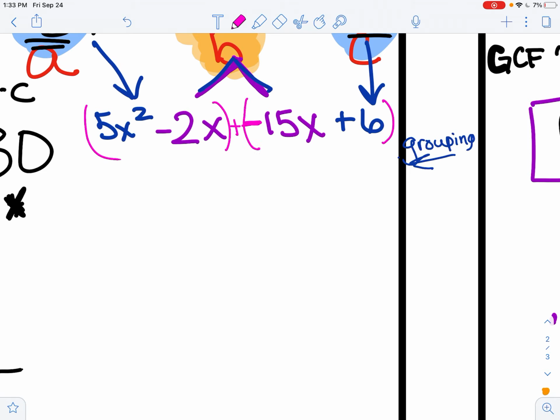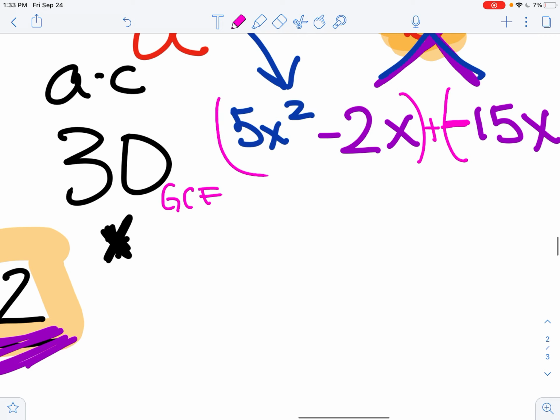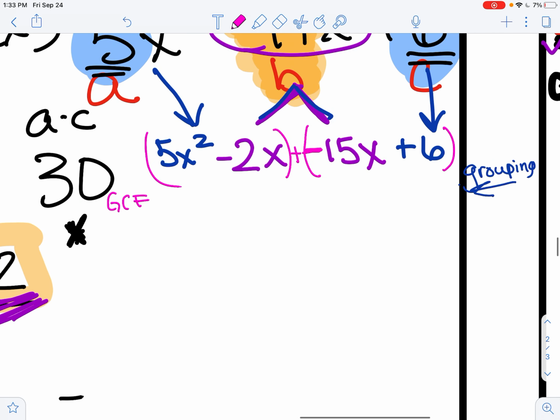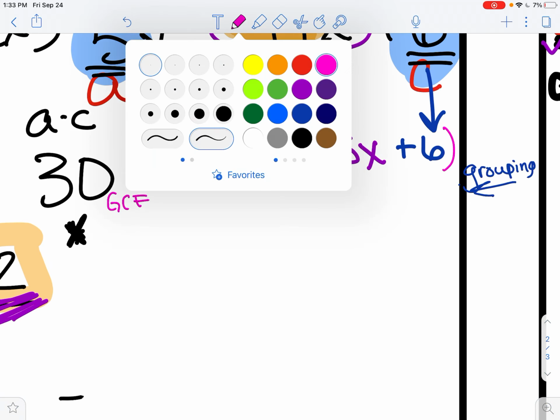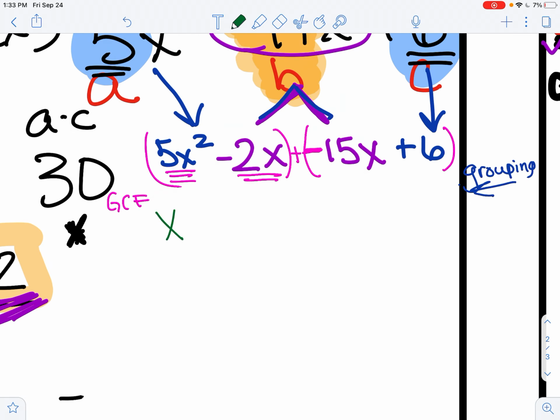Our next part of grouping, just like on your graphic organizer, is to look for the GCF of this first part of the group. So 5x squared and 2x, the only thing they have in common is an x. I know x times 5x will give me back 5x squared.